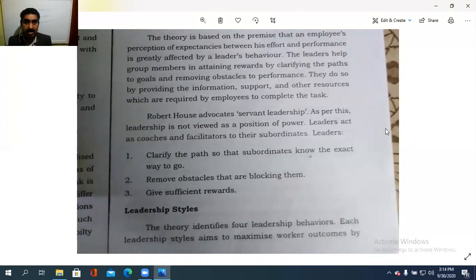The leaders help group members in attaining rewards by clarifying the path to the goal, and removing the obstacles for such performance.